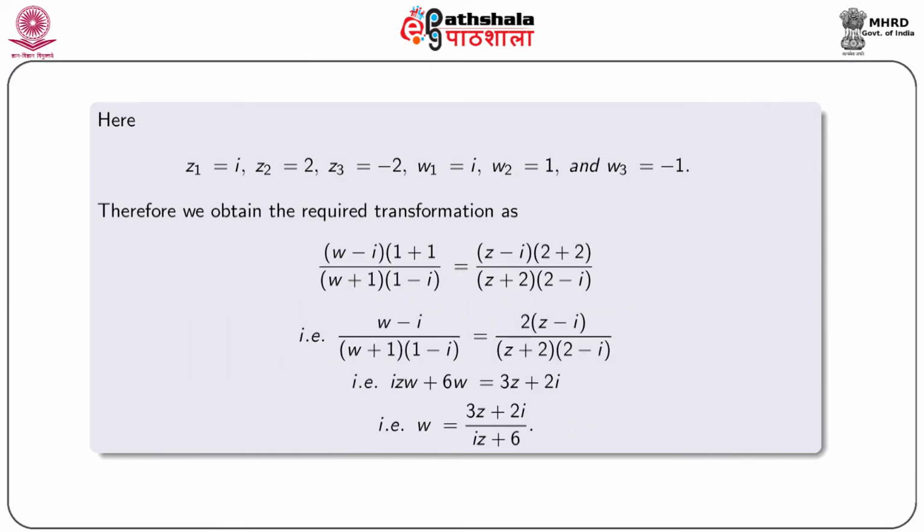So, here z1 equal to i, z2 equal to 2, z3 equal to -2, w1 equal to i, w2 equal to 1 and w3 equal to -1.